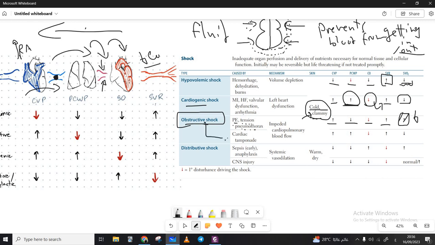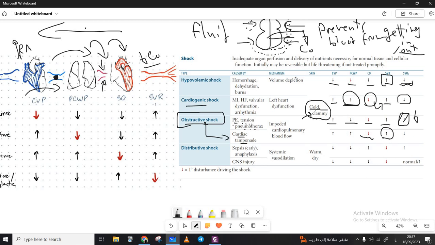We have another variation, which is cardiac tamponade. Cardiac tamponade also does the same. You have a lot of fluid outside, preventing blood from getting in or getting out. So preventing blood from getting out means low cardiac output here, which will also activate the sympathetic system and increase systemic vascular resistance.